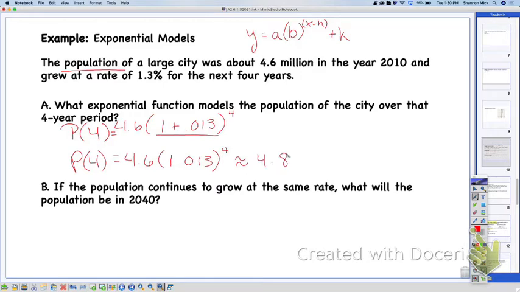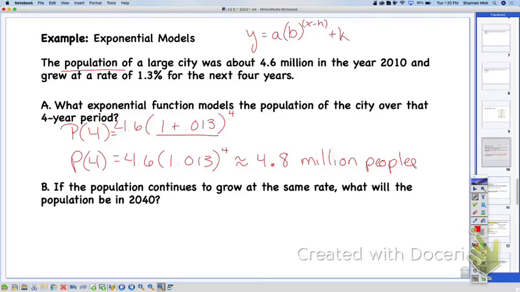4.8 what? What's my million what? People. I probably need to say I have a million of what thing, right? Okay, so I have 4.8 million people. Does that seem reasonable?